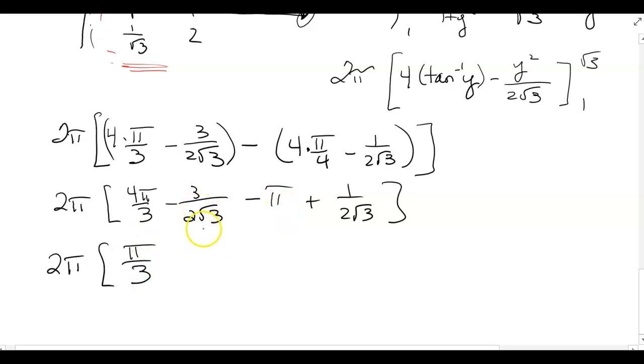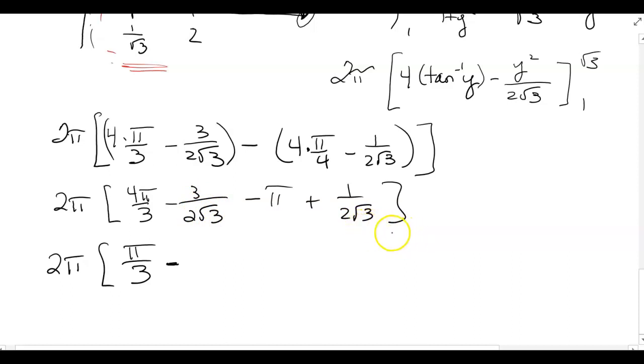And the negative 3 over 2 radical 3, plus 1 over 2 radical 3, becomes negative 2 over 2 radical 3.